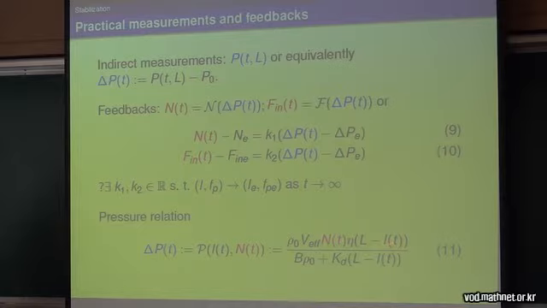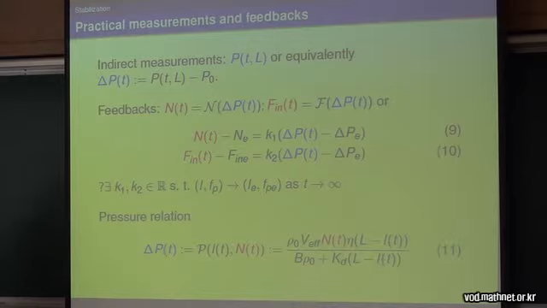So in this way, even though the observer is indirect, combined with the feedback law and the pressure law, it is transformed into a direct observer, you see? And again, f in of t can be expressed as a function of lt.